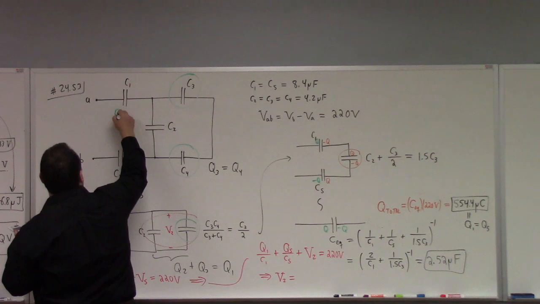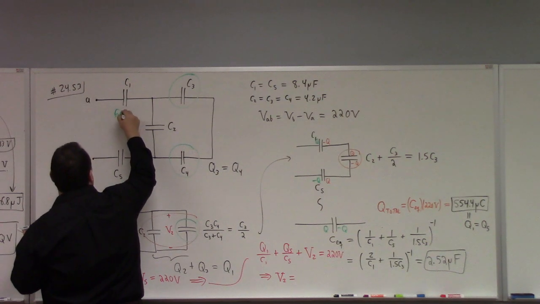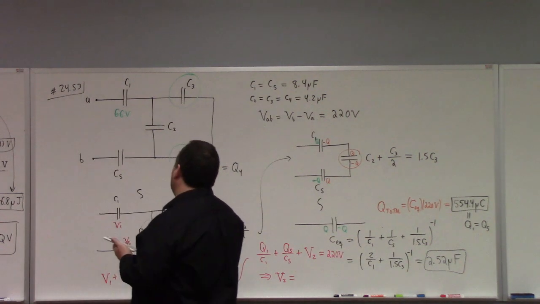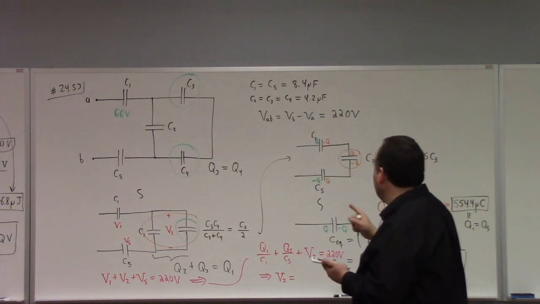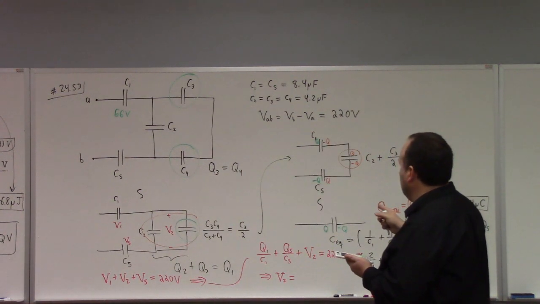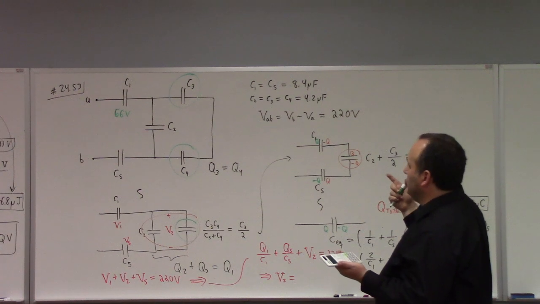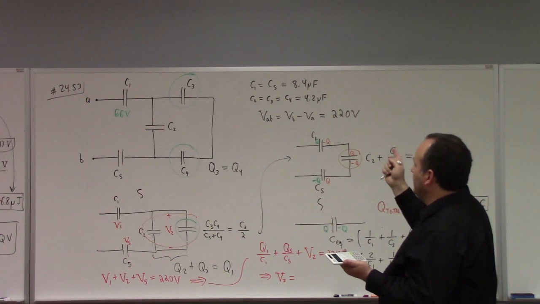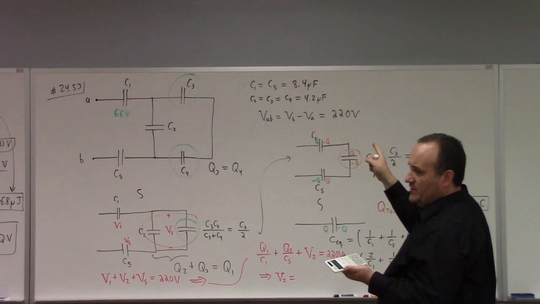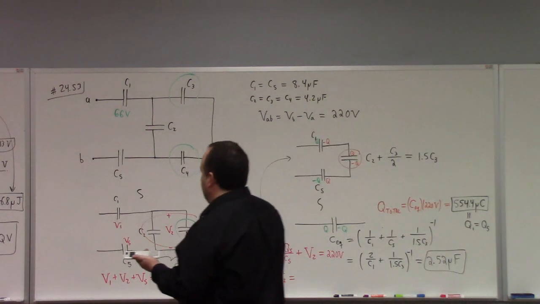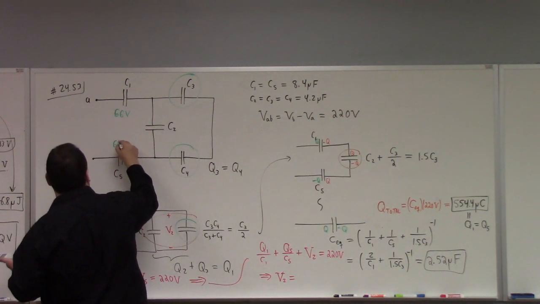I'll write it up here. I get 66 volts here. And for C5, it's the same, right? C1 and C5 both have the 8.4 microfarads. It's the same calculation again, so I've also got 66 volts down here.